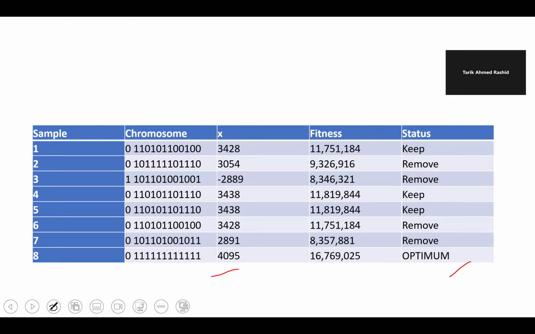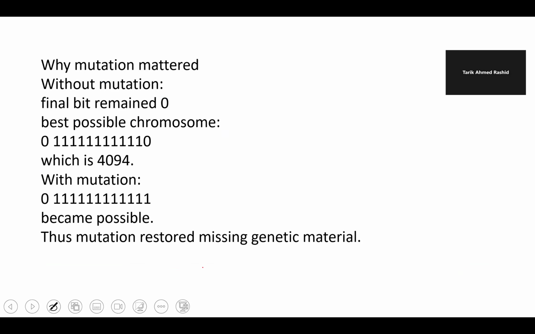You see all of them became 1 1 1 1. Crossover between two chromosomes, two solutions, can't give you all ones or all zeros. Therefore, mutation comes in to help you, to support you, to get optimum solutions.